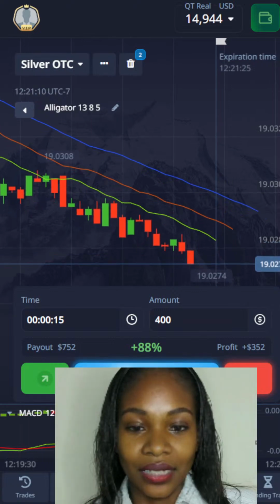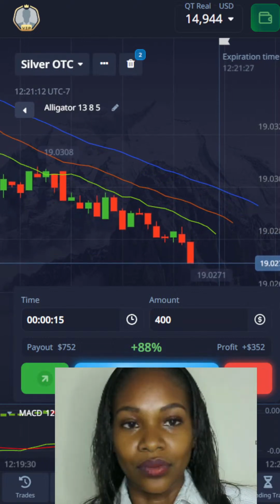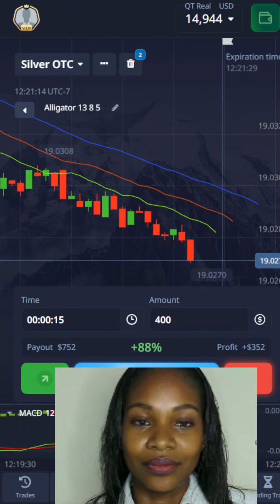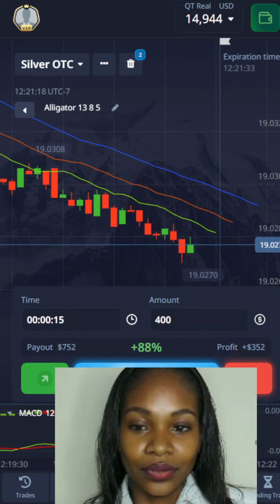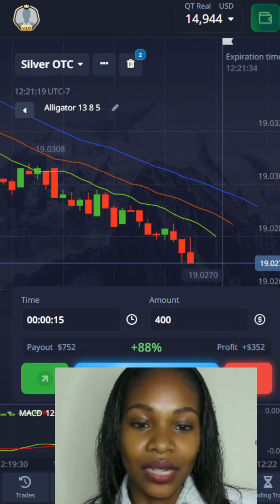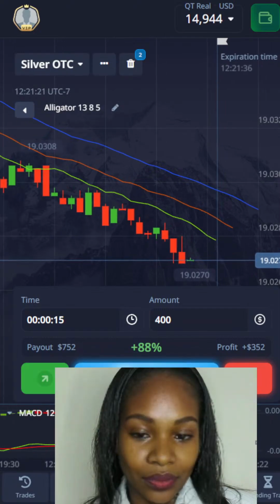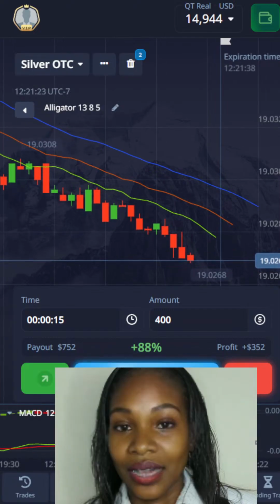first of all, we have an uptrend and a downtrend. In an uptrend, we are looking at the market moving in a series of higher highs and higher lows, all right?